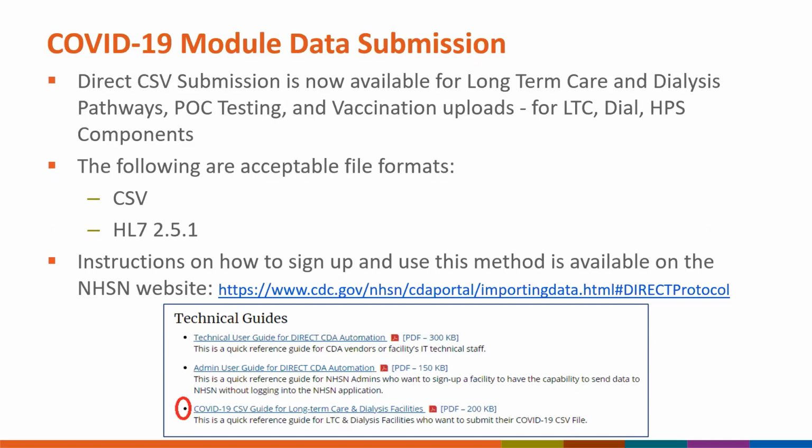Instructions on how to sign up for use of these methods are available on the NHSN website at the links provided in this slide. As a reminder to those who may not be familiar with Direct, this is not a requirement. It is simply another method to import your COVID-19 data into NHSN. There are templates for each accessible CSV file, and those can be found on the long-term care webpage. Next slide.